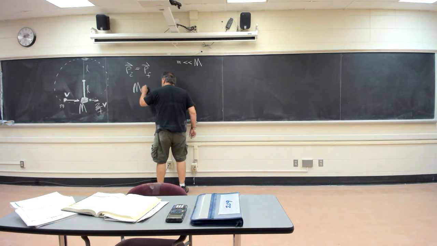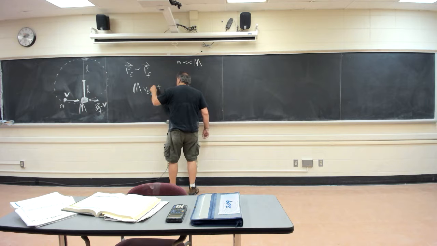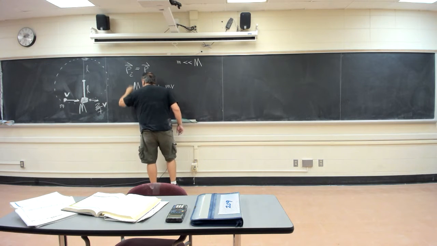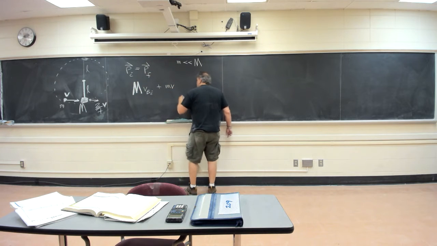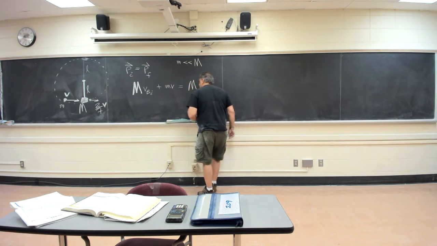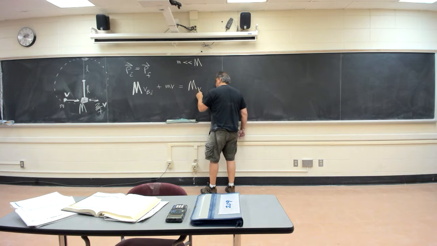Initially, the velocity of the block is nothing. The bullet is moving, so mv, and this is capital M, it's going to equal v sub b. That's the initial, and then this is v.